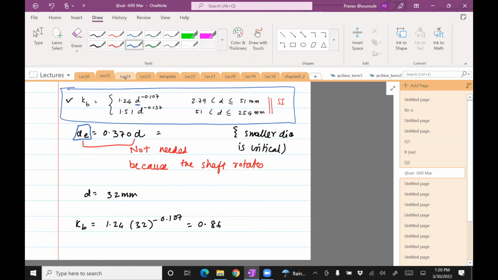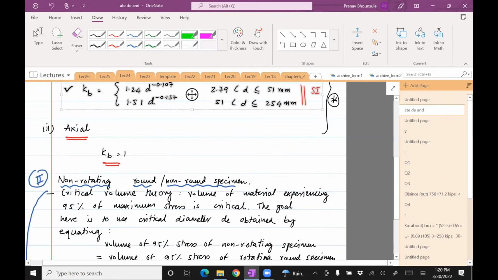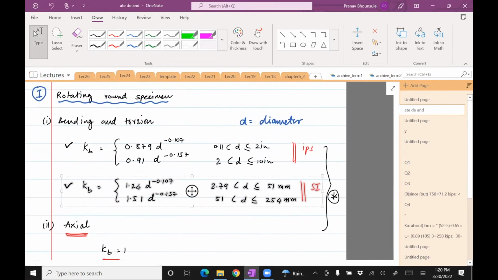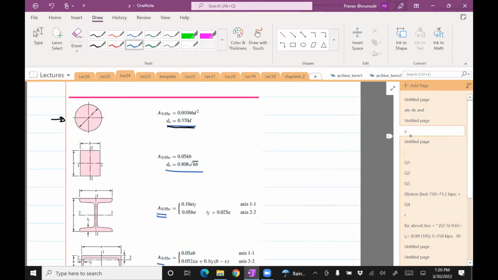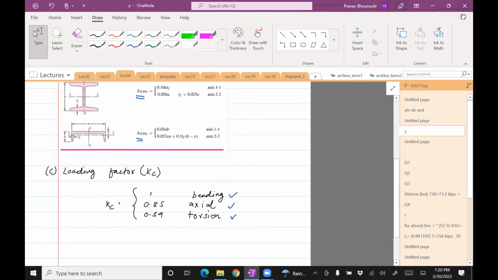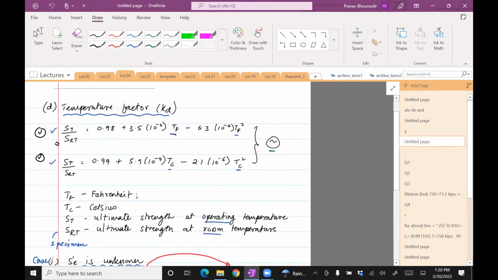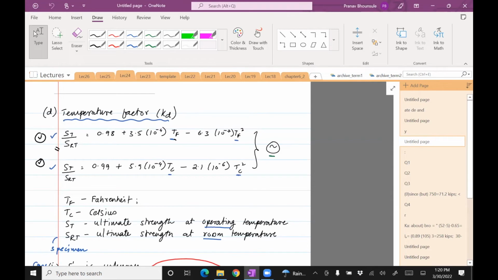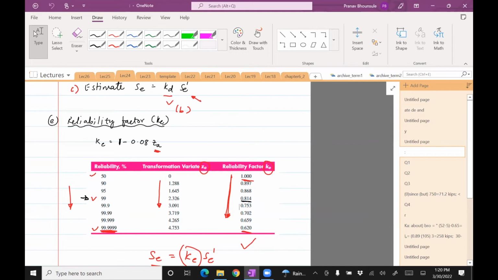Let's see what KC, KD, and KE is. The load factor, bending axial torsion. So KC is 1, so I wouldn't even bother. This is a temperature effect. I don't think there's anything mentioned about temperature. We'll assume room temperature, so we don't have to adjust for KD. And then the reliability is not given, so we assume that doesn't affect. So we just ignore that.